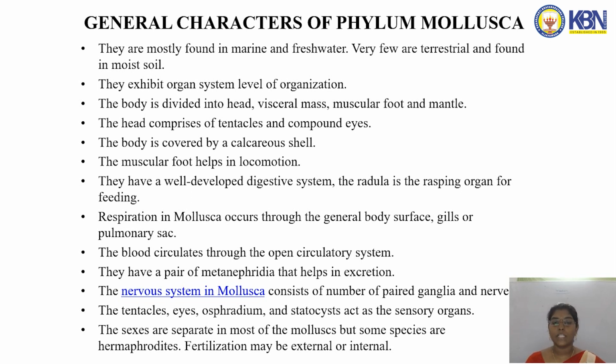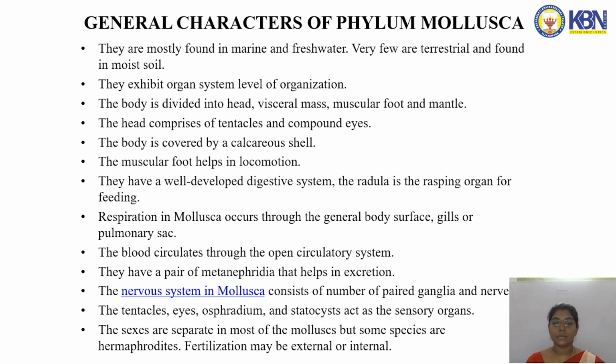They have a well-developed digestive system. The radula is the rasping organ for feeding. Respiration in Mollusca occurs through the general body surface, gills or pulmonary sac. The blood circulates through the open circulatory system. They have a pair of metanephridia that helps in excretion.